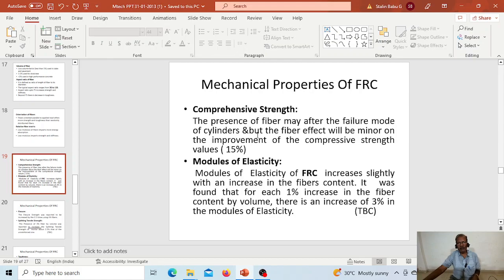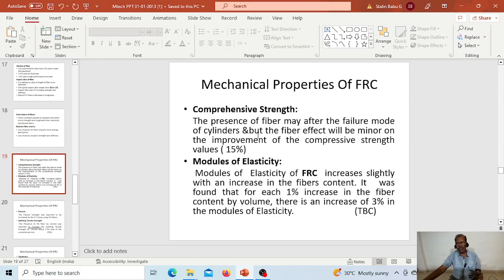The modulus of elasticity of FRC increases slightly with an increase in the fiber content. It was found that for each 1% increase in the fiber content by volume, there is an increase of 3% in the modulus of elasticity.